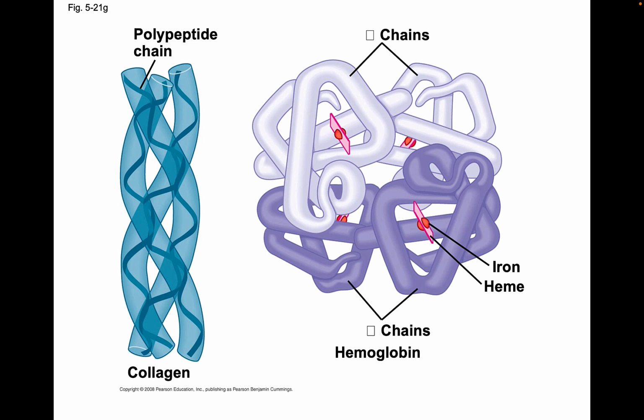I know it's 2 alpha chains, maybe beta. It's 2 betas. Gamma's in the fetus. Yeah. So it's 2 alpha and 2 beta chains that come together and form the functional hemoglobin molecules.